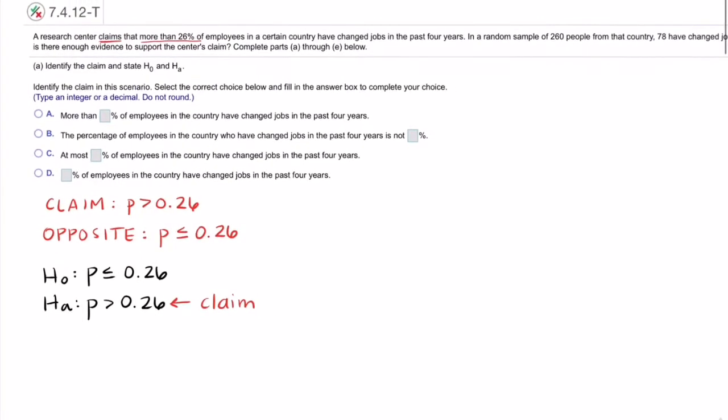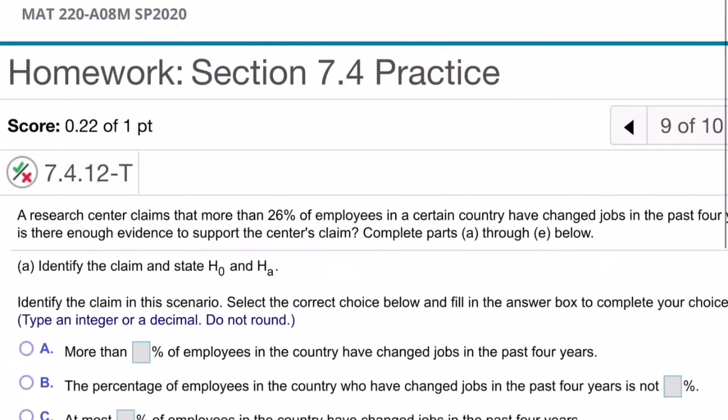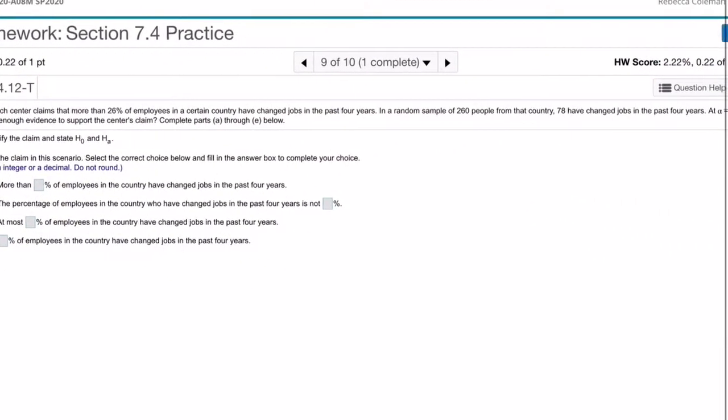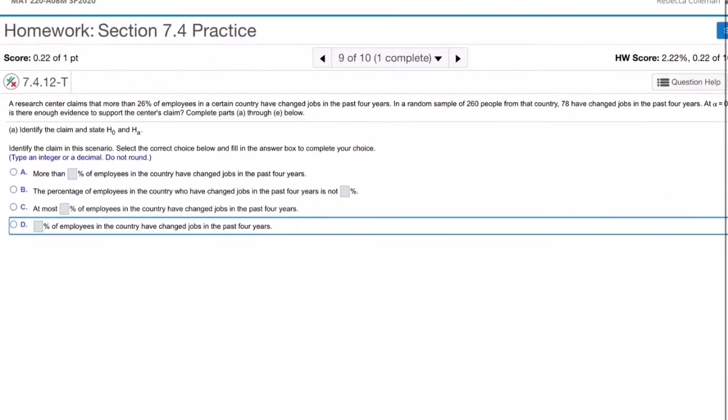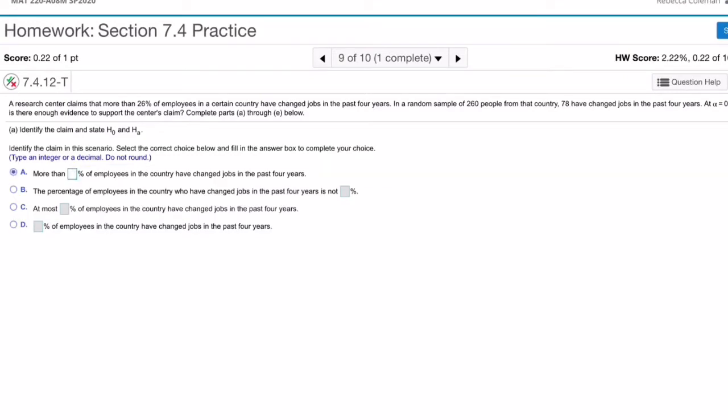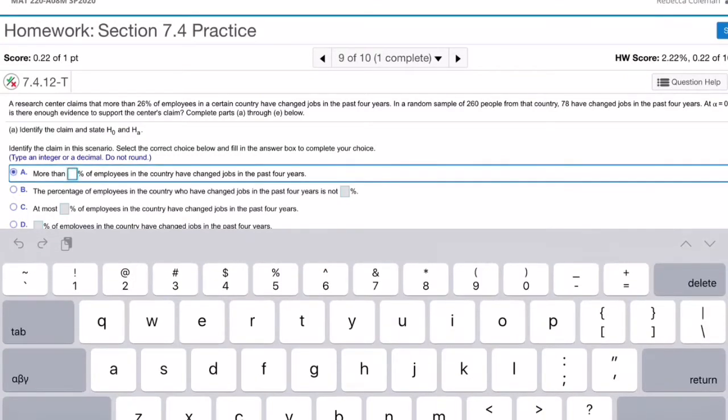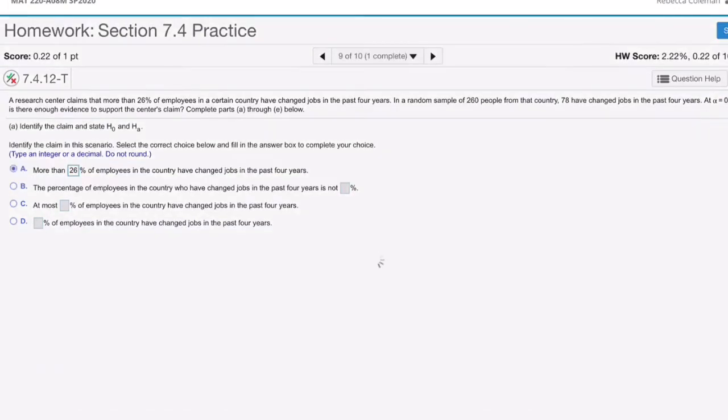All right, so now that I've done that first step, let's come on back over here and input that information. The first thing we're asked to do here is just identify the claim in words. So the claim is that more than 26% of employees have changed jobs in the past 4 years.